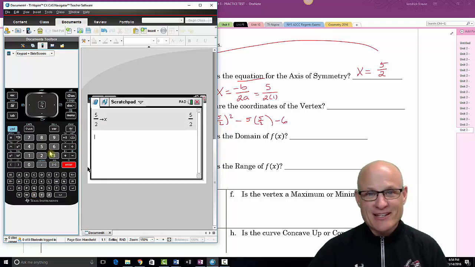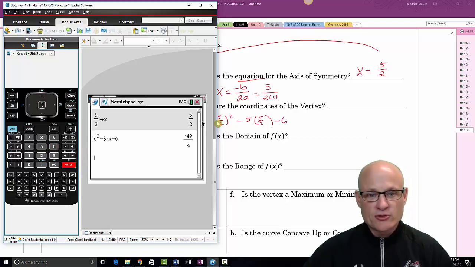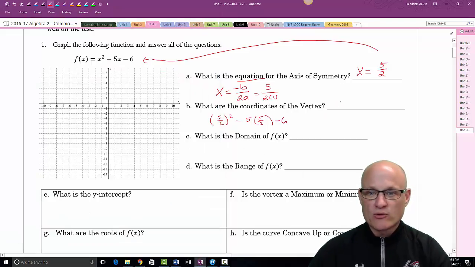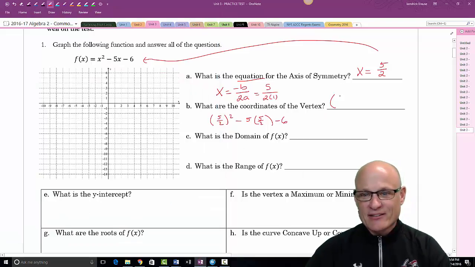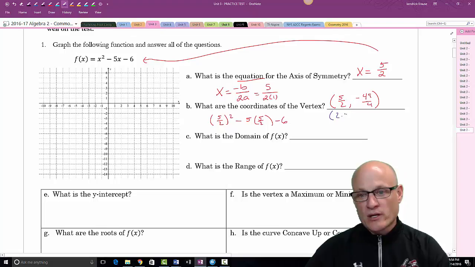And then just type in the equation, x squared minus 5x minus 6. And it tells you it's negative 49 over 4. So my vertex is 5 over 2, comma, negative 49 over 4. Now, if you did this on your own and you got 2.5, comma, negative 12.25, that's right as well.